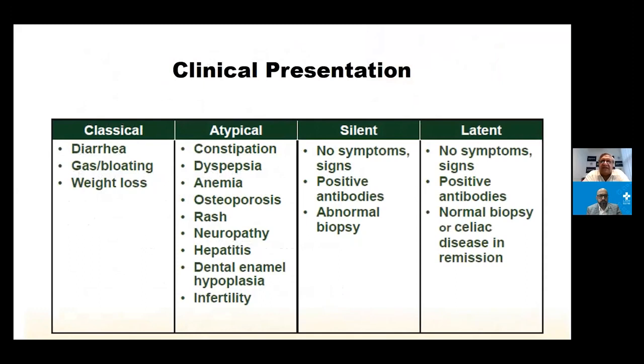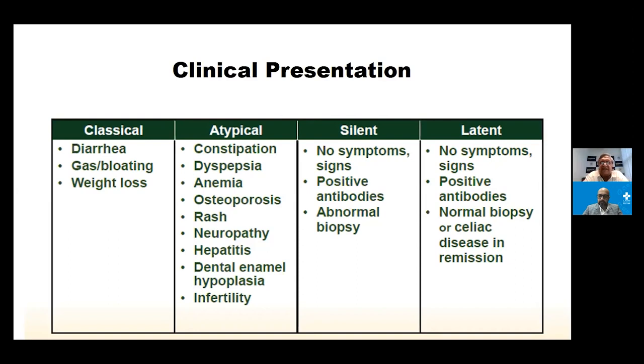So the clinical presentations can be classified into classical, which is diarrhea, gas, bloating, weight loss, or atypical, which is constipation, dyspepsia, anemia, osteoporosis, rash, neuropathy, hepatitis, dental enamel hypoplasia, and infertility, or silent.